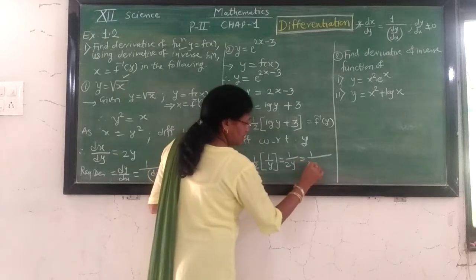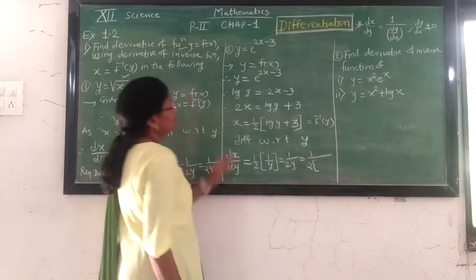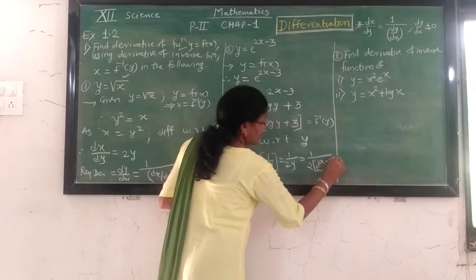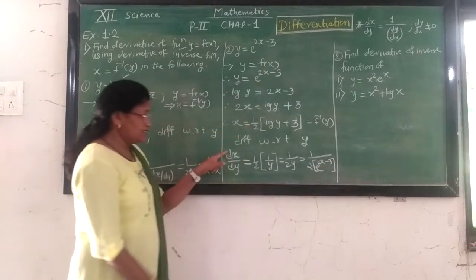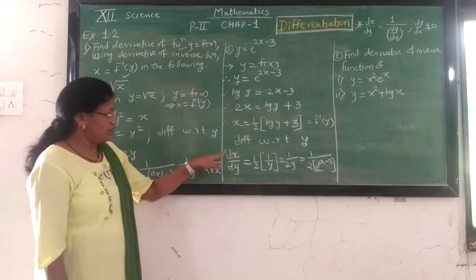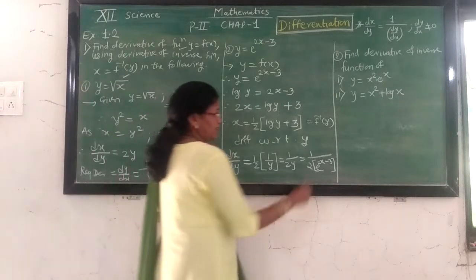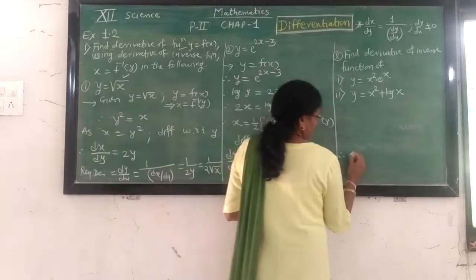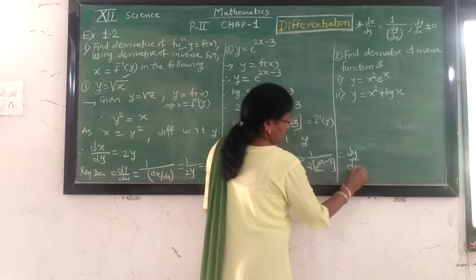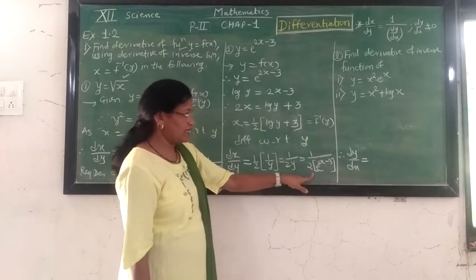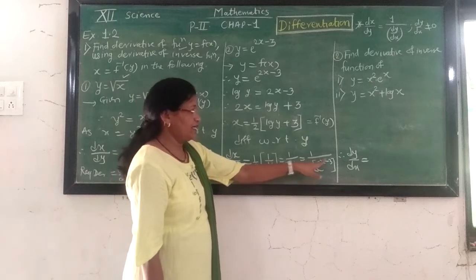What is y? 2 into log y is equal to e raised to 2x minus 3. But this is dx by dy, derivative of the inverse function x with respect to y, and hence the required derivative is dy by dx. dx by dy is equal to 1 upon 2 times e raised to 2x minus 3.